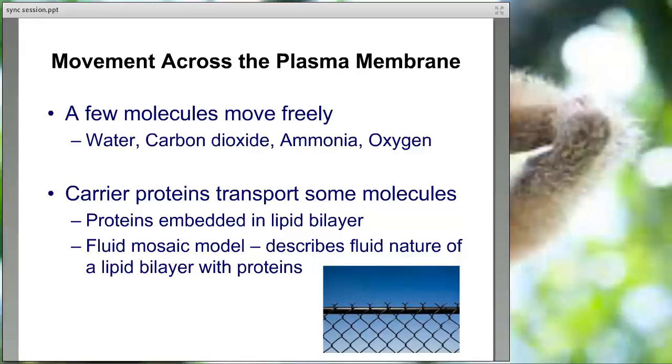But if you had something big, like a book, you wouldn't be able to just put it through. You'd have to either find something to transport it through, or you'd have to find a gate or a hole in the fence or something. So some things can go straight through, other things have to be escorted or have to find a certain channel to go through. For your fence, you could throw it over.